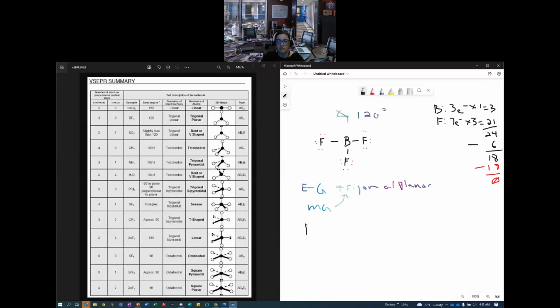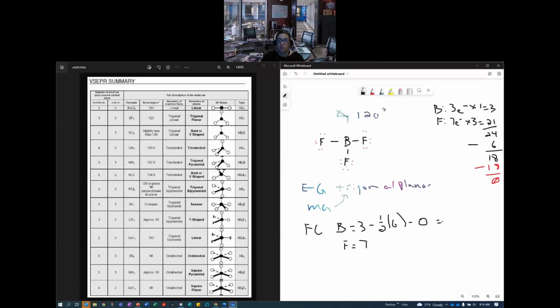So let me do this. Formal charge on B and formal charge on F. Boron should have 3 valence electrons. Each fluorine should have 7. I'm going to subtract half of the bonding pairs, so the 2, 4, half of the 6, and I have no lone pairs.